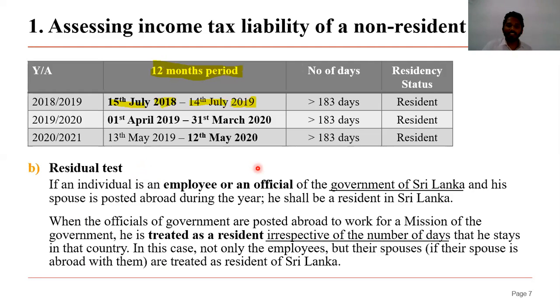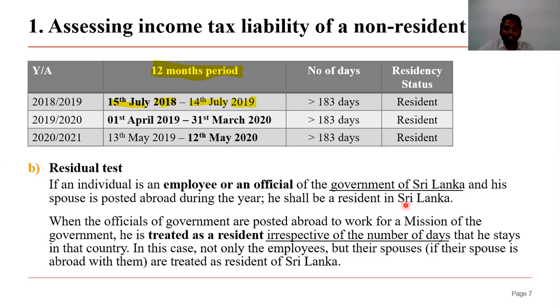Even the spouse, the wife also abroad, the entire family lives there, and they work for the Sri Lankan government, then that person and the family, including them, will also become a resident in Sri Lanka. If the government employee or official of the government of Sri Lanka and his spouse are posted abroad during the year, then he shall be a resident in Sri Lanka. Then we can determine the residency as Sri Lanka.